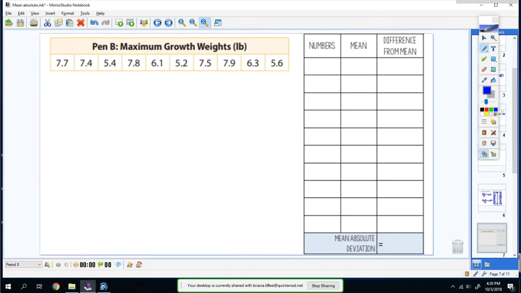So let's do pen B. So we're going to add them up.